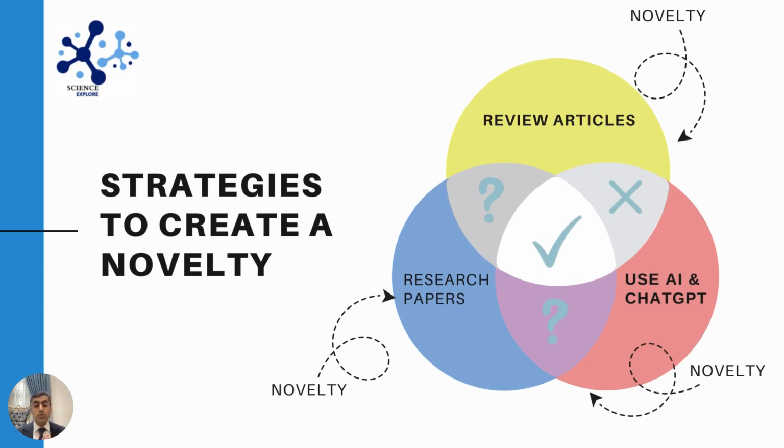When you want to work on a review article, firstly, you have to search for what? Search for review articles. Is this title or this topic new or not? Based on this search, you can decide whether this title is new, novel, or not.